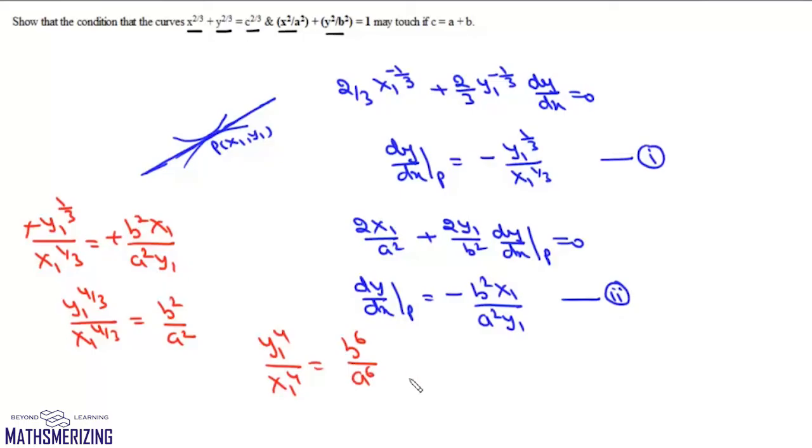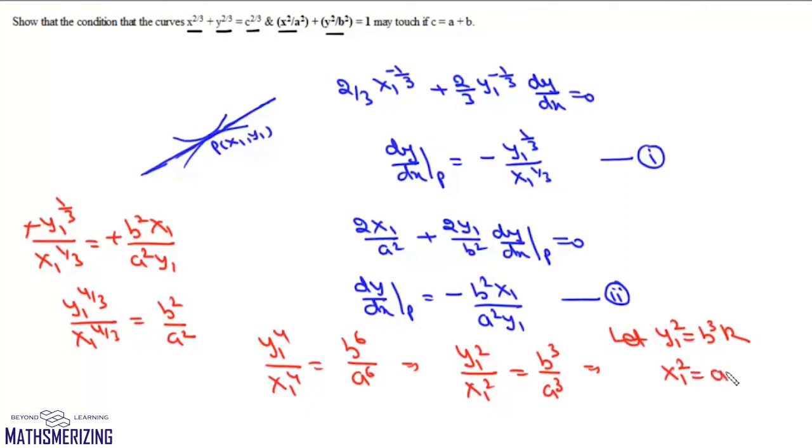And if we take square root, we can write y1 square upon x1 square must be equal to b cube upon a cube. So from here we can say let y1 square be b cube k and x1 square be a cube k.